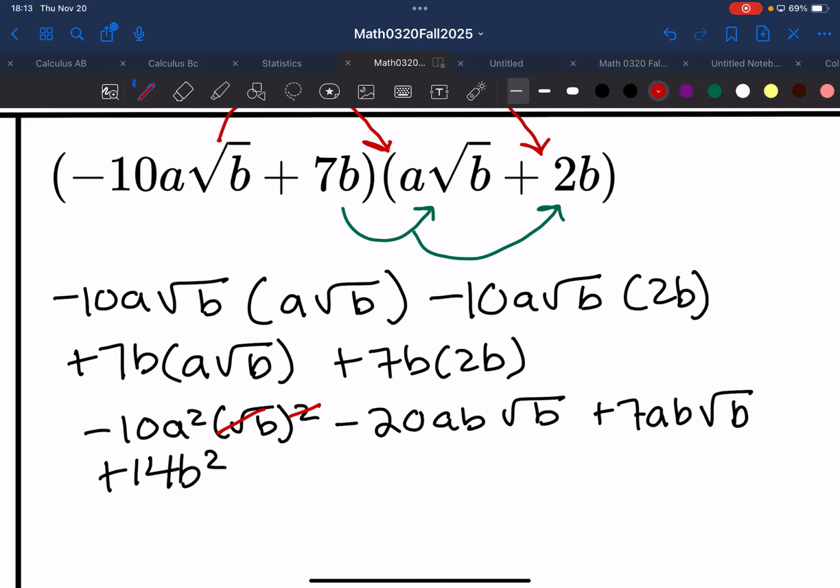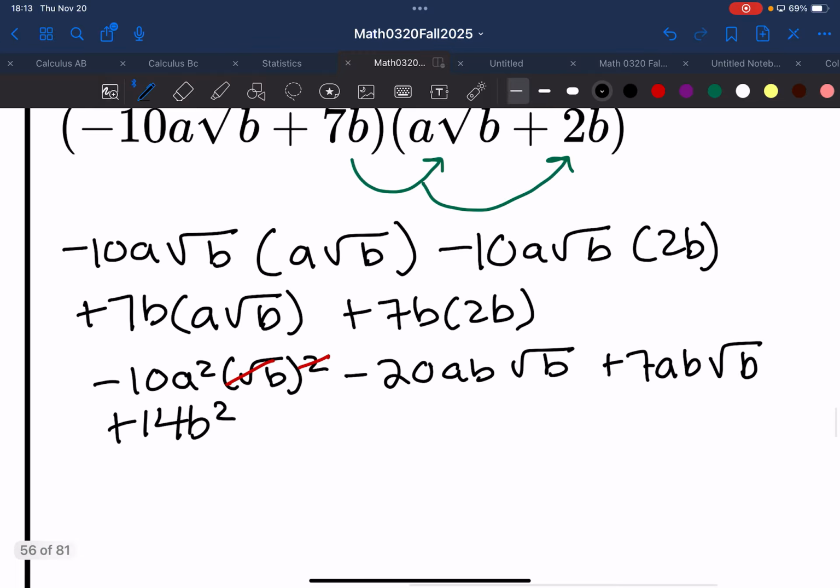So then what it looks like I have is negative 10a squared b, plus 14b squared. Notice I didn't combine these because they don't have the exact same variables. So I have to just leave them as is.